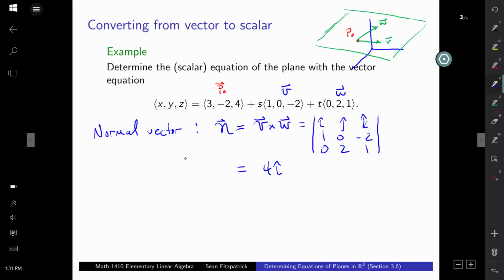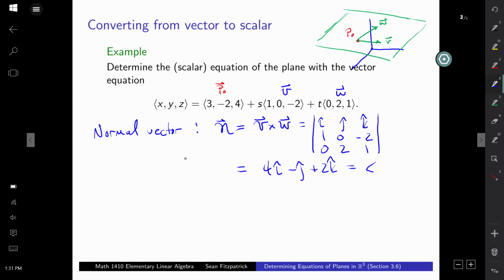Right, and then for j, remember we put the minus sign in front of the j. For j, we're going to do 1 times 1, and then we subtract off minus 2 times 0. Well, that's 0, so for j we just get minus 1. So minus 1 times j. And then for k, we're going to do 1 times 2, subtract 0 times 0, so that's simply 2, plus 2k.